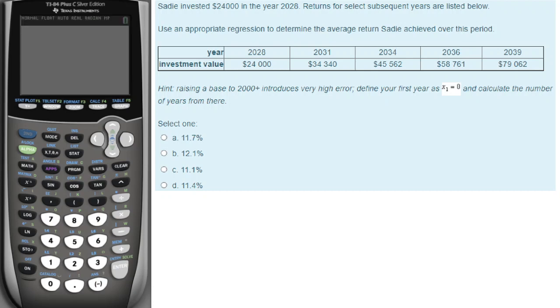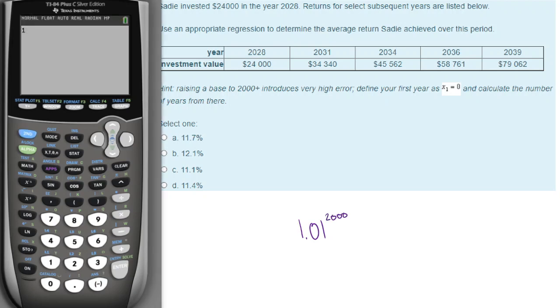Then there's a hint here. Raising a base to 2,000 plus introduces very high error. Define your first year as x1 equals 0, and calculate the number of years from there. This is because, even if you have something like 1.01 and you raise that to the 2000, it gets quite ridiculously big.